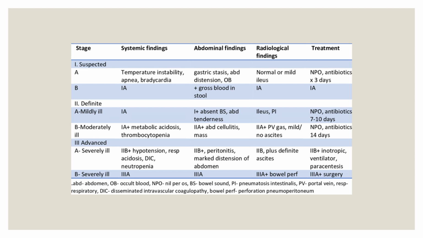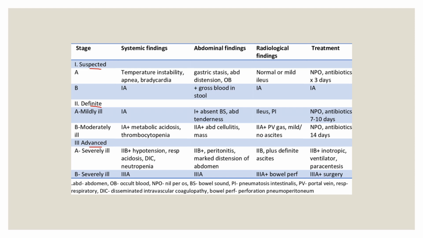So this is another way in which the Bell scoring is classified. So 1, 2, and 3. 1 is suspected, 2 is definite, 3 is advanced. So in 1, there is temperature instability, apnea, bradycardia with gastric stasis, abdominal distension, but normal or mild ileus. You can keep the patient NPO, NG tube aspiration with antibiotics for 3 days.